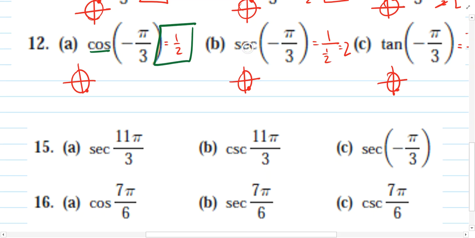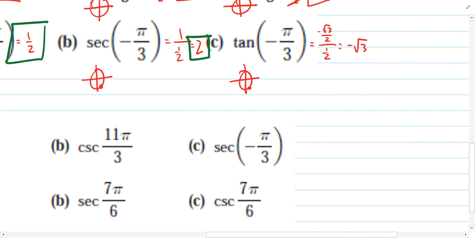Secant is the reciprocal of cosine, so we could flip the fraction 1/2 to produce 2. And then finally, tangent at this position is the y value divided by the x value. Well, the y-coordinate is negative radical 3 over 2, while the x-coordinate is 1/2. And when we simplify, because the 2's cancel, we're left with negative radical 3.